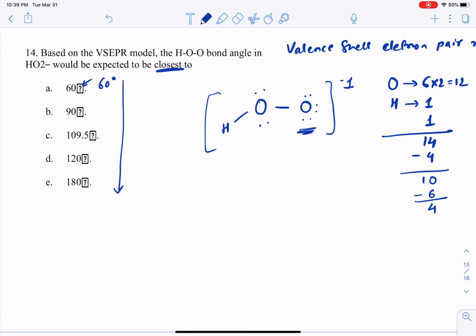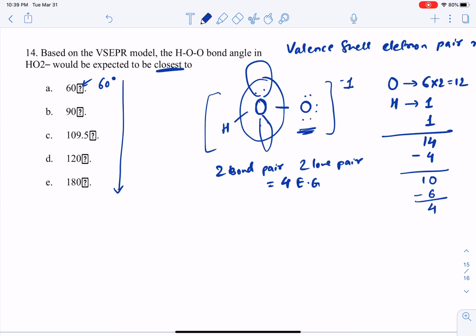Now if you see what kind of molecular structure this will have, we will check for the central atom. We have 2 bond pairs and 2 lone pairs, that is a total of 4 electron groups.